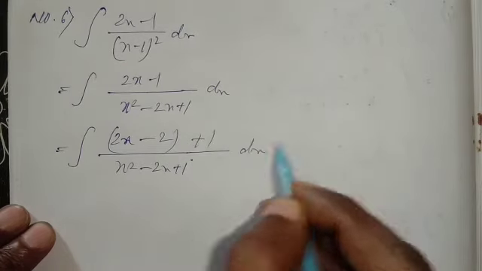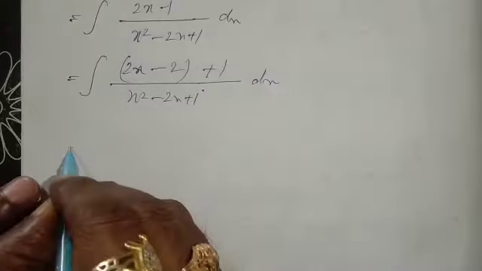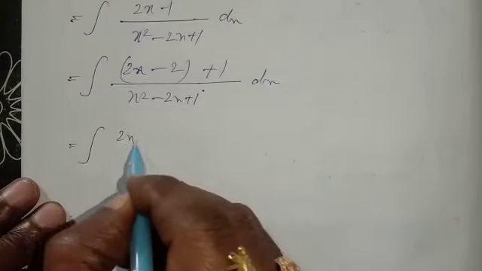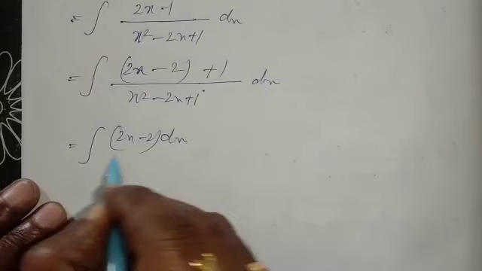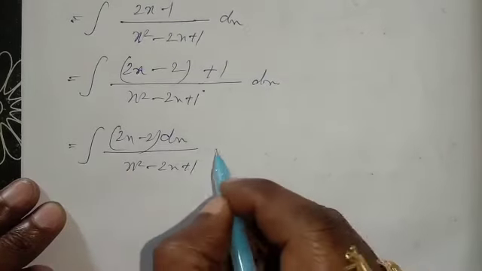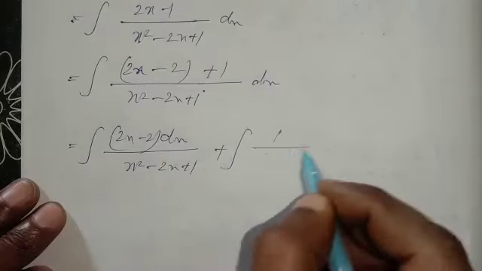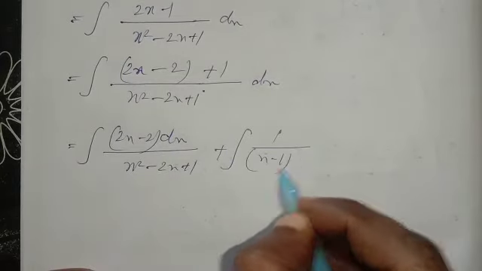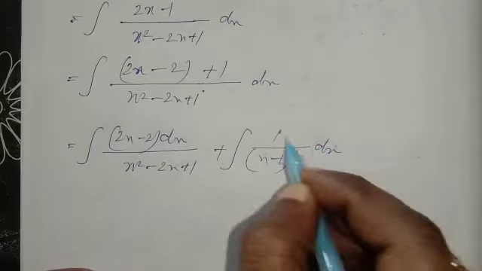Then this will be adjusted. Now you have to adjust here. Now 2x minus 2 dx by x square minus 2x plus 1, and the second part is 1 by (x minus 1) whole square dx.